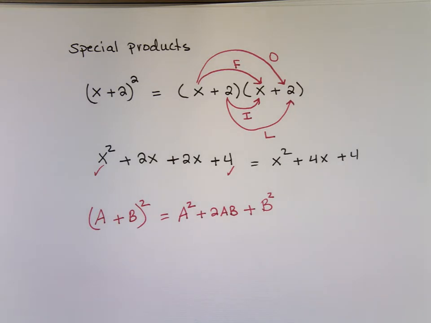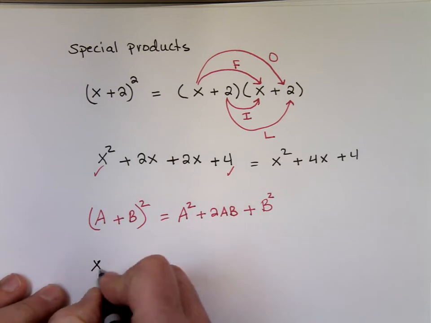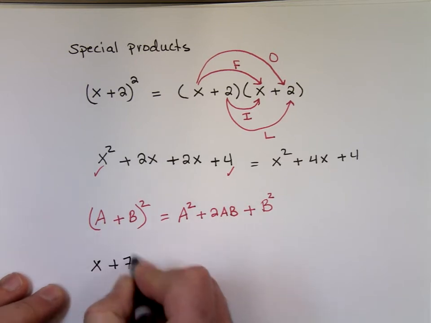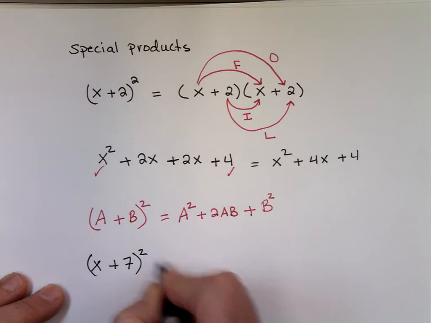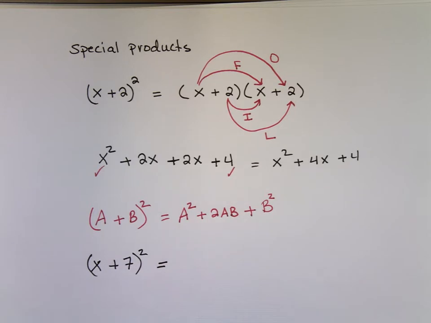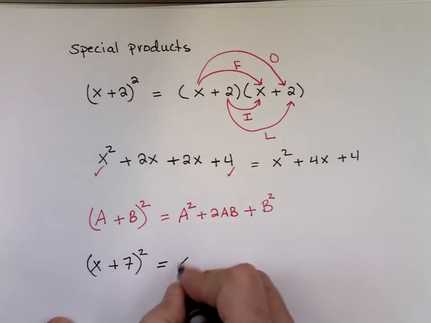Let's take a few examples on that. Try a few of them. X plus 7 squared. Again, in one step, square the first one. X squared.